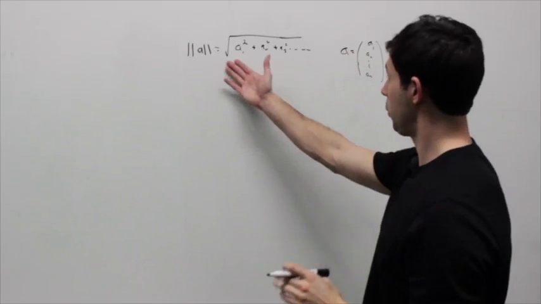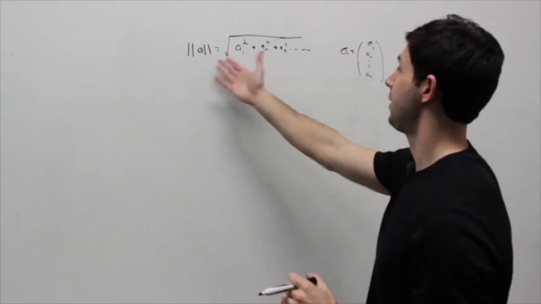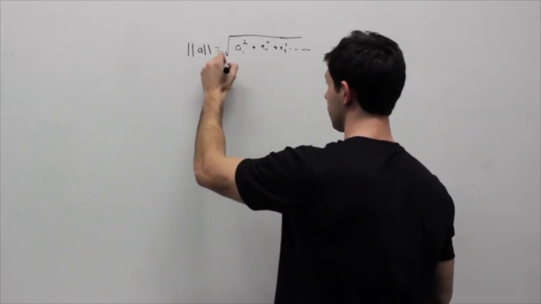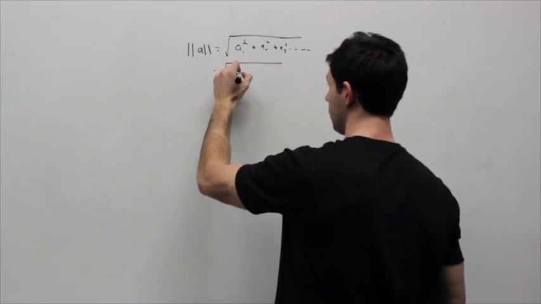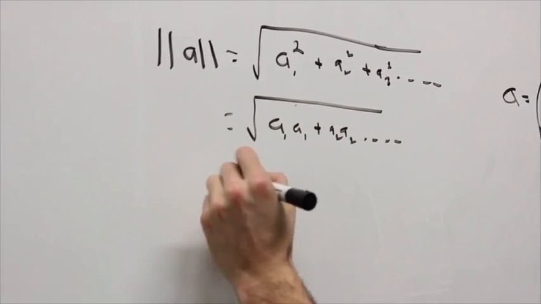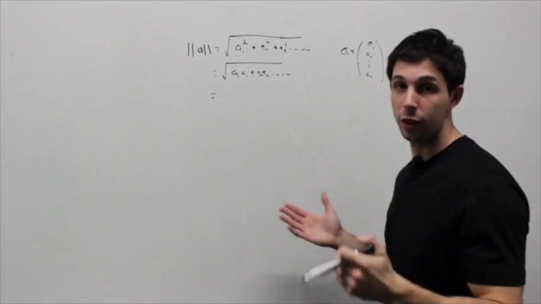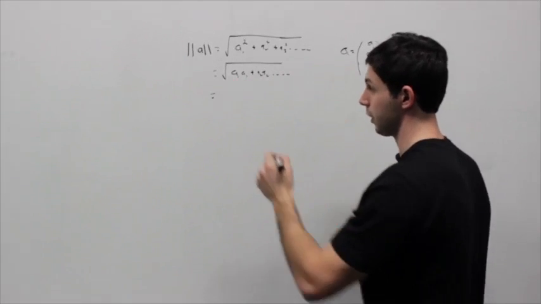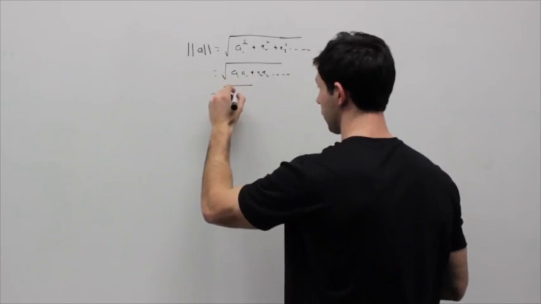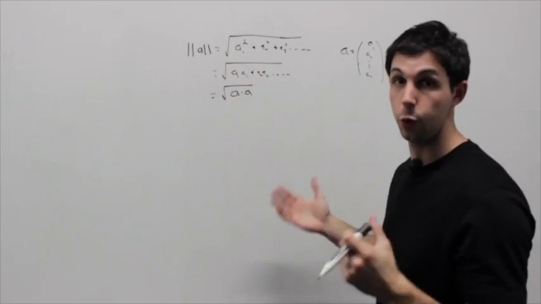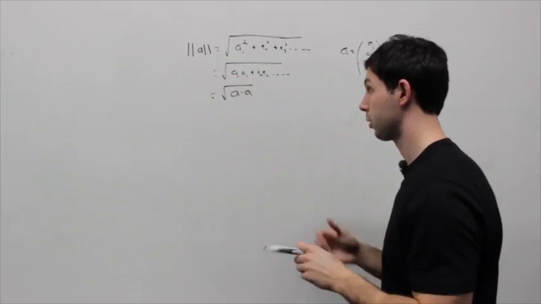So with this as the definition of the magnitude of A, we can write this out a little bit differently and expand it. So we have A1 times A1 plus A2 times A2 and so on. But realize that how we just defined the dot product, this is actually just the dot product of A with itself inside of here. So this is really just the square root of A dot A. So these are actually equivalent functions, equivalent measures.